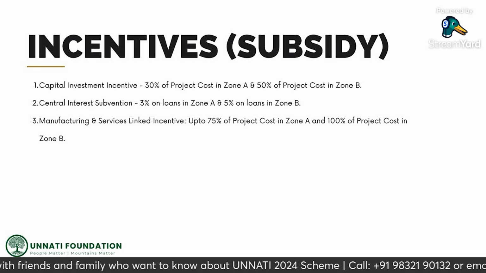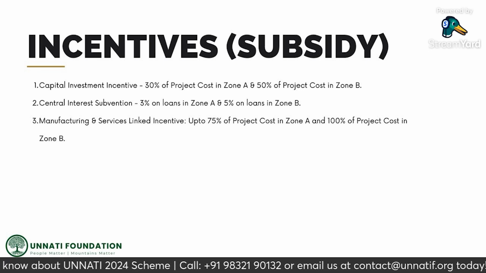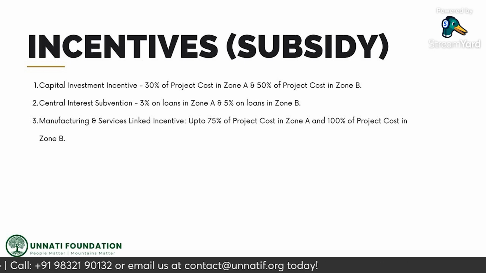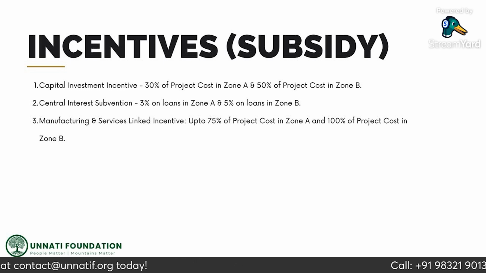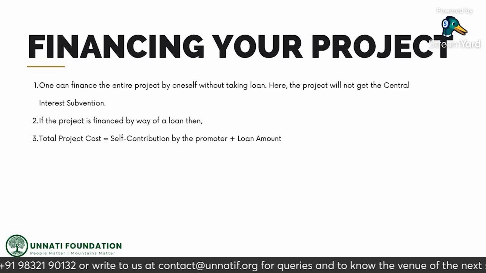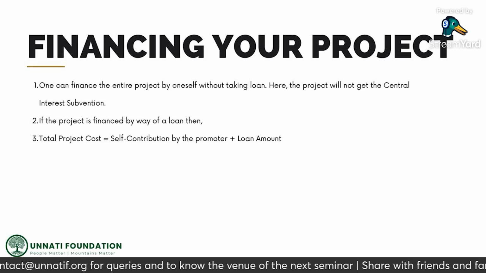Central interest subvention is 3% on interest on loans in Zone A and 5% on interest on loans in Zone B. Manufacturing and services linked incentive is up to 75% of project cost in Zone A and 100% of project cost in Zone B.